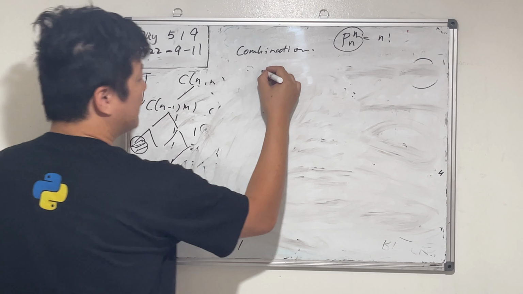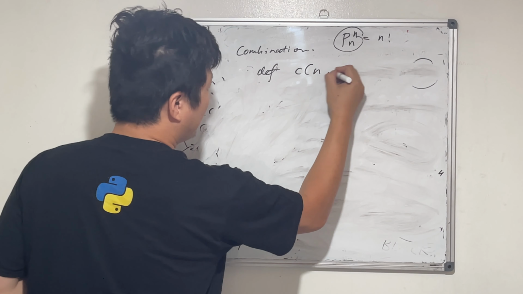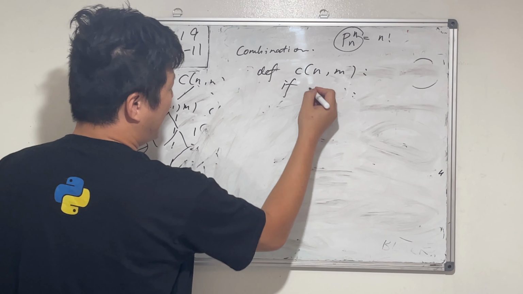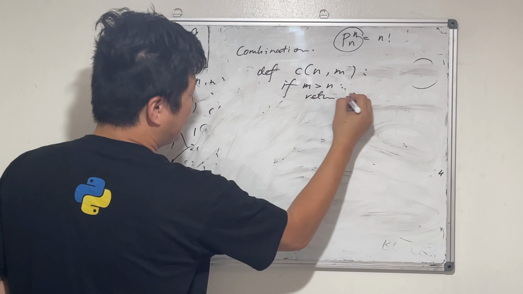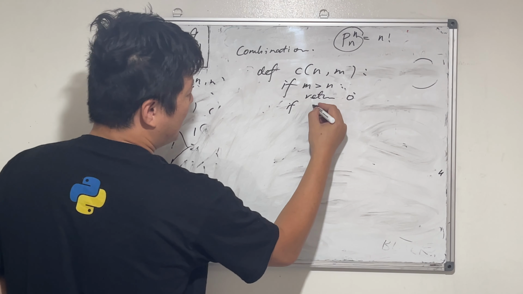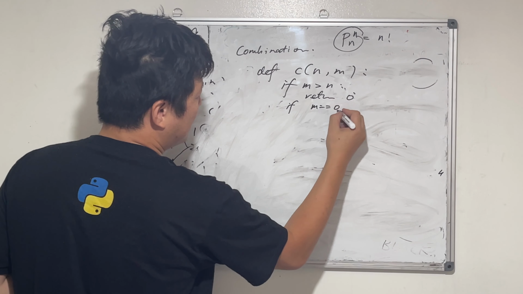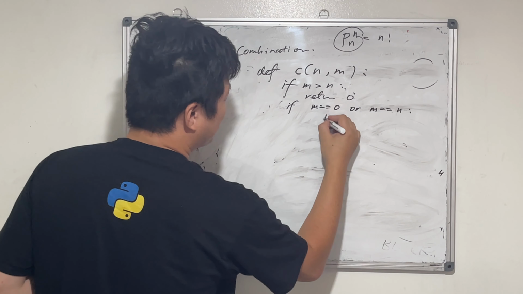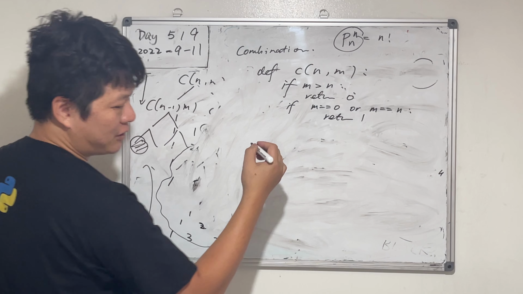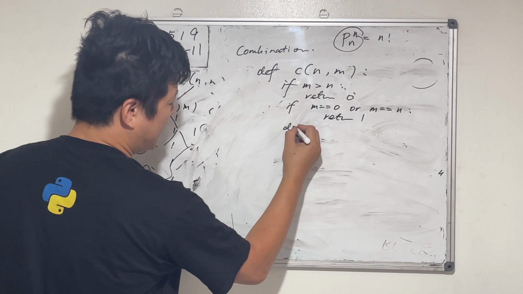Okay. Define C(n, m). Again, there are 3 edge case values. When m is bigger than n, return 0. If m equals 0 or m equals n, then return 1. We have to store the values in an array. Let's say dp array.